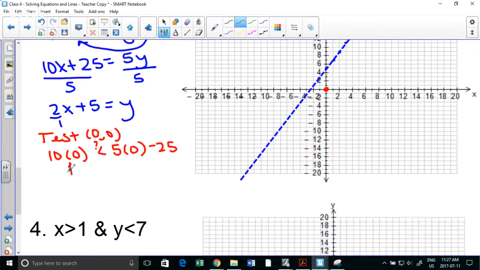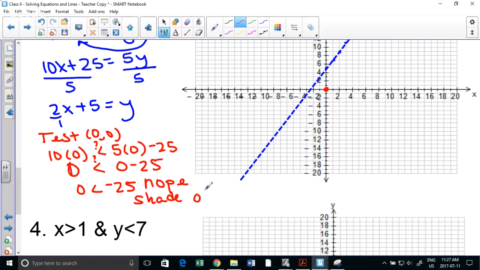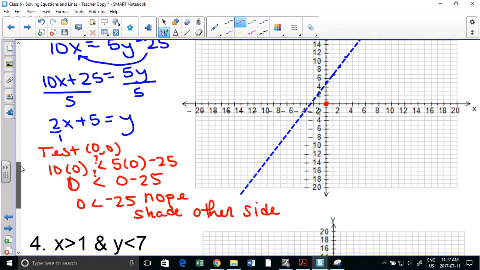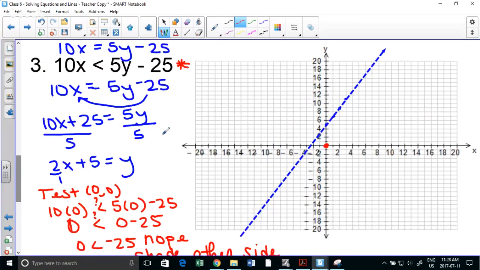Is 0 less than 0 minus 25? Is 0 less than negative 25? Nope. Shade the other side. So this is false, so this side must be the true side.